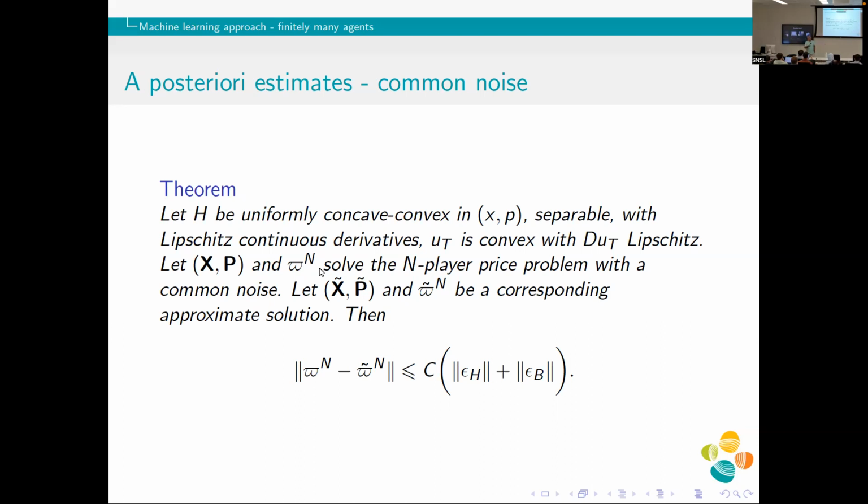We have a convex variational problem. Actually, this is convex concave, but on the Lagrangian side, this is actually convex, period. And what we can do is look at the gap in the optimality conditions and convert it into estimates for the price. And this is what we did there.